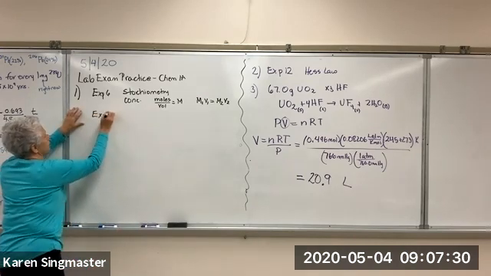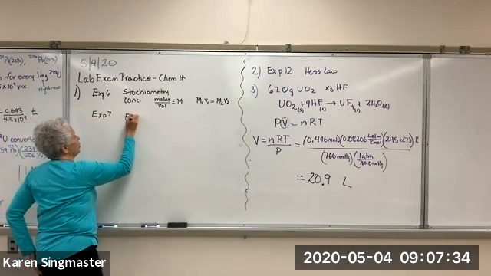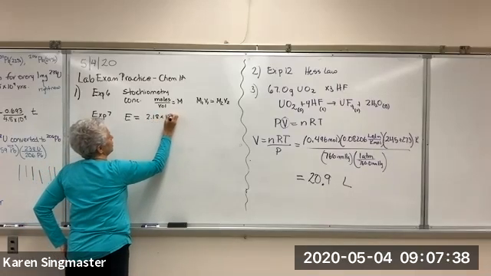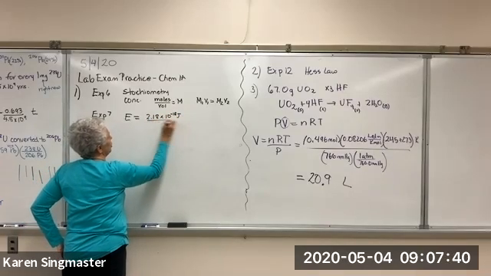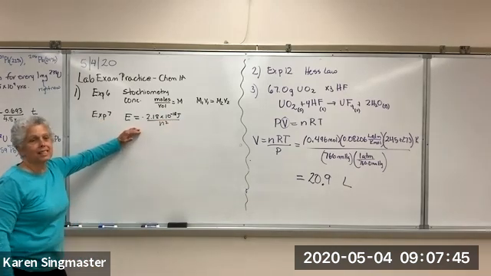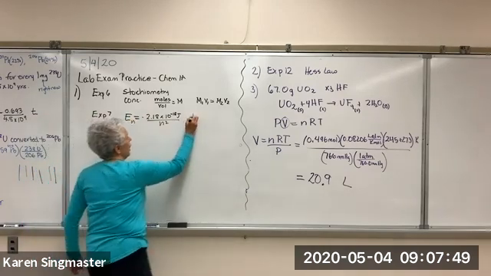Experiment 7 depends on how you want to use it. I find it's easier to just draw it out: 2.18 times 10 to the minus 18 joules over n squared. There's a minus there in theory, but this is the energy level for the hydrogen atom.